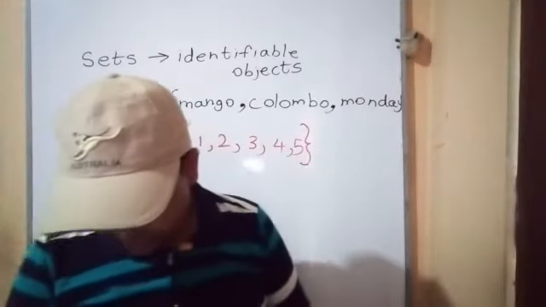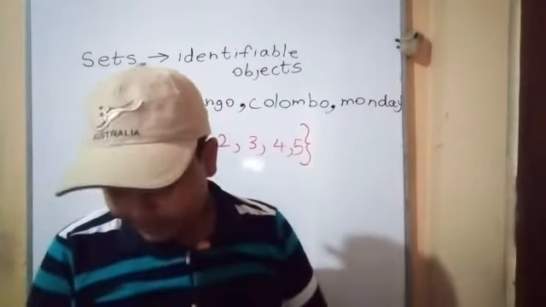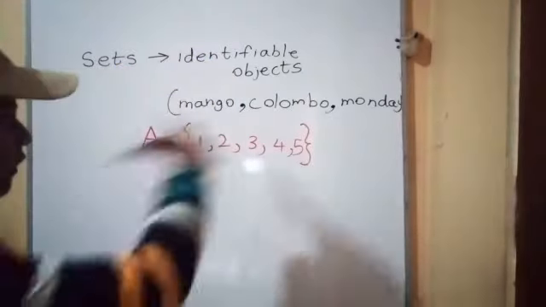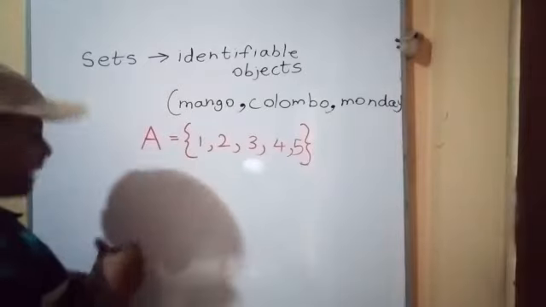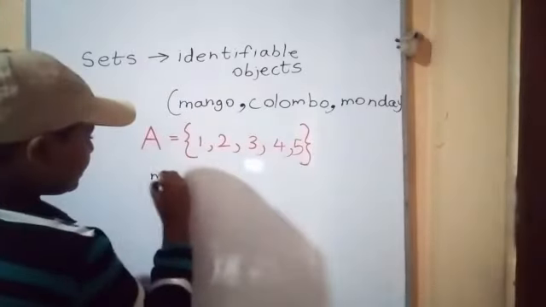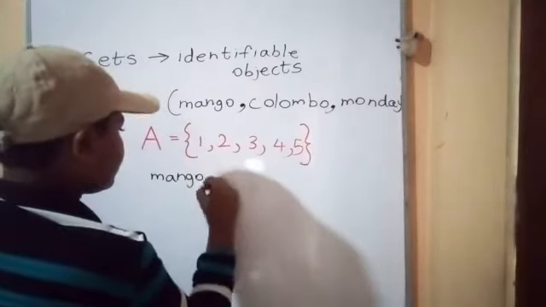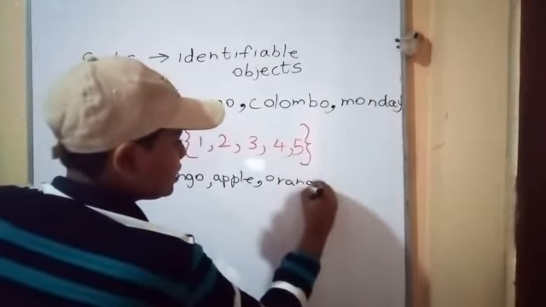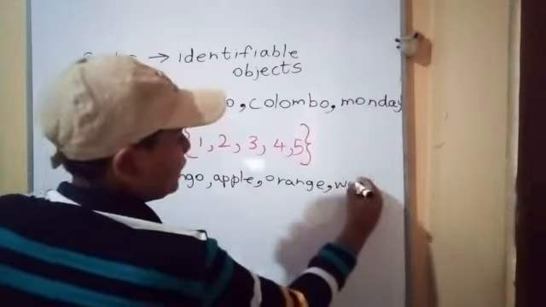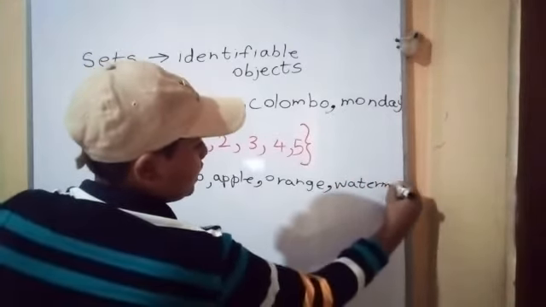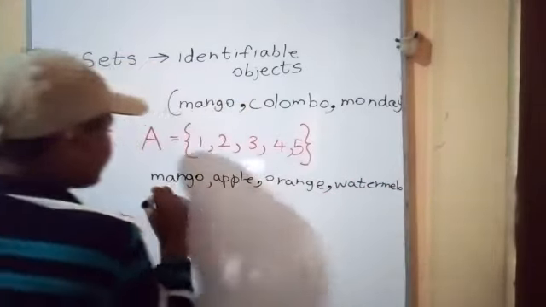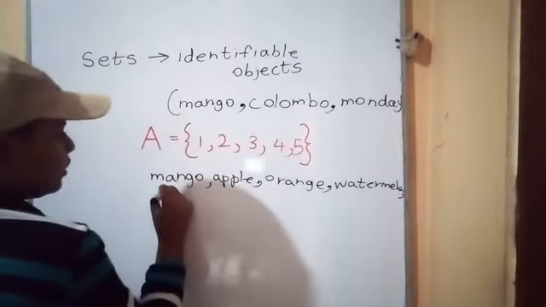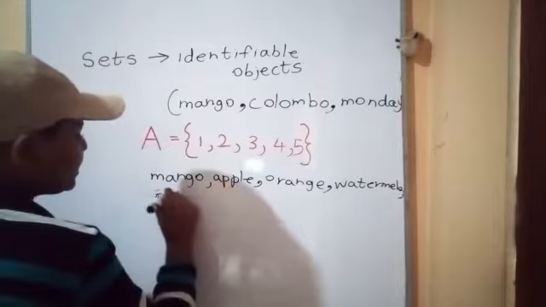What has been given above is a collection of several items, which is called a collection. For example, mango, apple, orange, watermelon, pineapple.